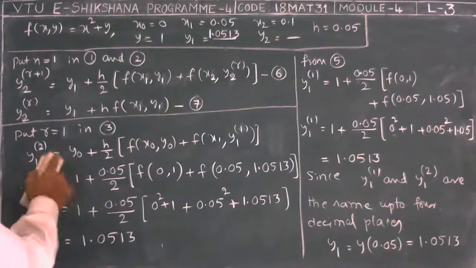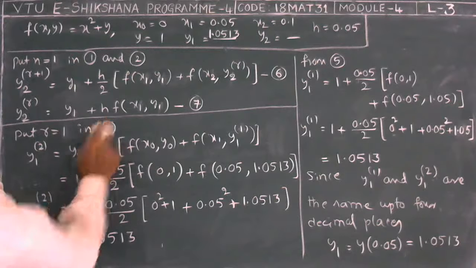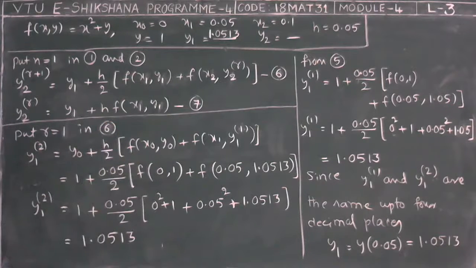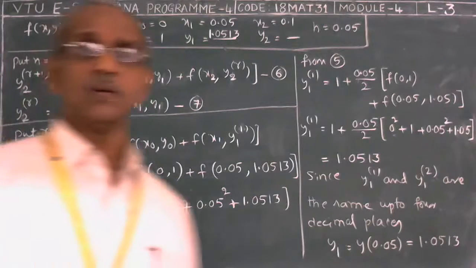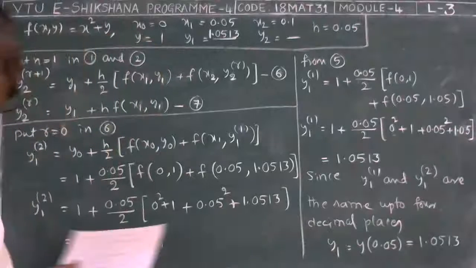Okay, so now let me fix r equal to 0 in 6. First iteration, when r is equal to 0, put r equal to 0 in 6.